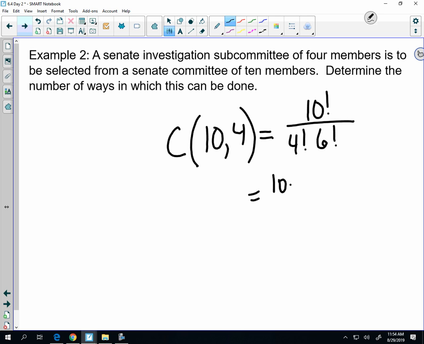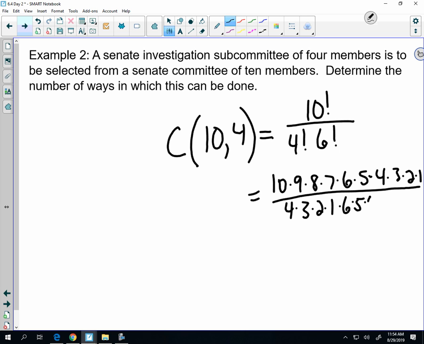And again, I just want to show you how you can do this if you didn't have a calculator with this button on it, or how they did it before they had this button. You could cross out the 6 factorial with the 6 through the 1. And then I just always do some other crossing out, like 4 times 2 is 8, so that cancels the 8 out.